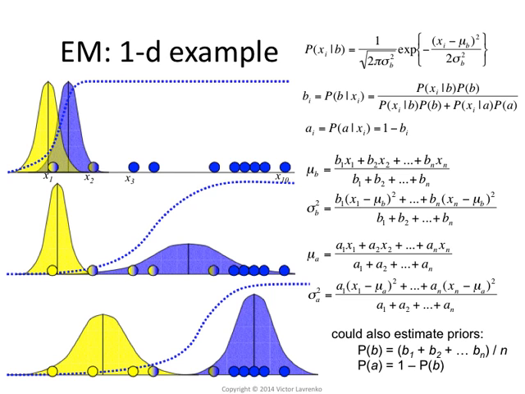So the way you would re-estimate them is as follows. For the prior of B, you add up all of the posteriors and divide by the total number of data points. That's an estimate of basically how much blue there was in the coloring relative to the total number of data points. And PA is just how much yellow there was in the coloring.